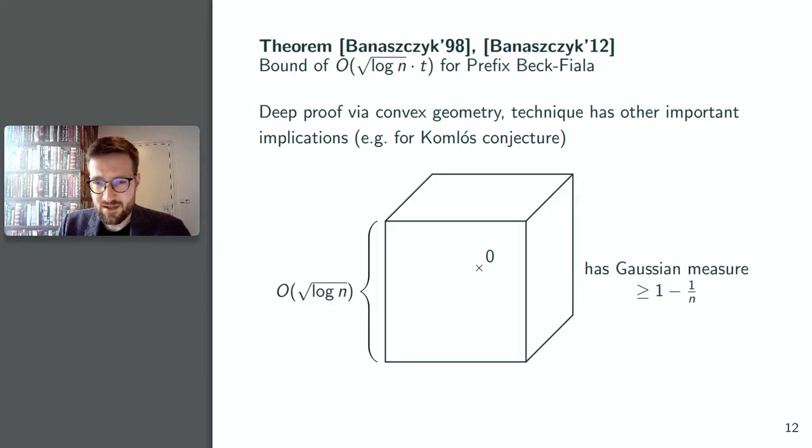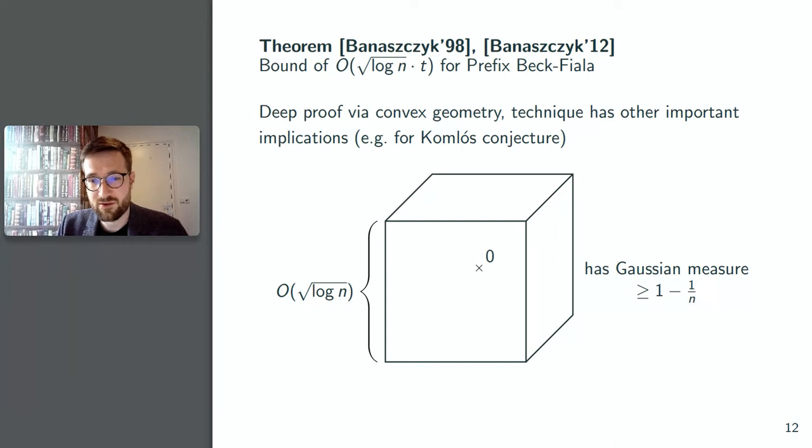And of course I cannot explain this proof here, but just to give you a very quick idea where the square root log n comes from, his proof is based on using convex bodies with a high Gaussian measure. And if you take a hypercube, which corresponds kind of to the maximum norm, so the maximum discrepancy over all dimensions, if you take a hypercube centered at 0, then square root log n is kind of the edge length from where your Gaussian measure of this object goes from very low to very high.